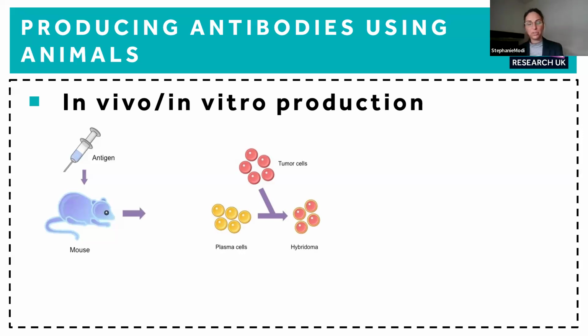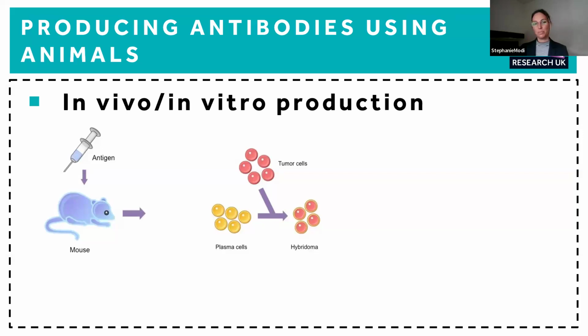And these B cells, which are the antibody-producing cells, will be fused with myeloma cells, which are cancer cells. So they have that feature of cancer, which is immortality. So this fusion creates cells called hybridomas. And these hybridomas have features of both the B cells and the myeloma cells.